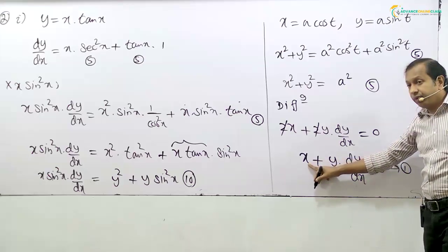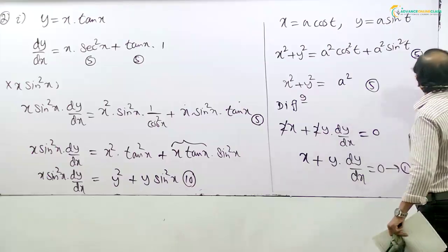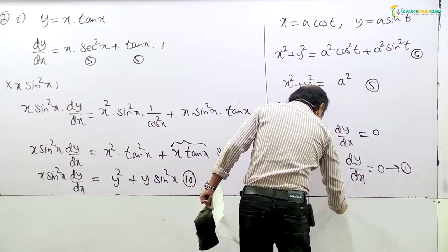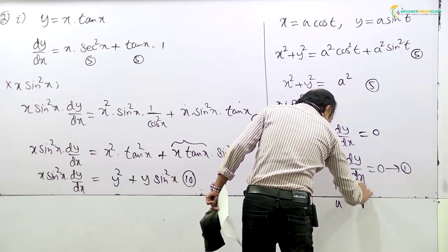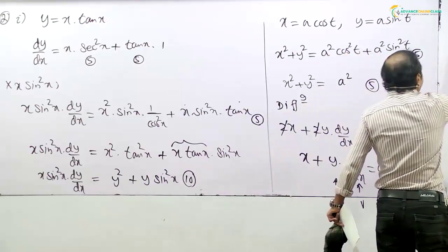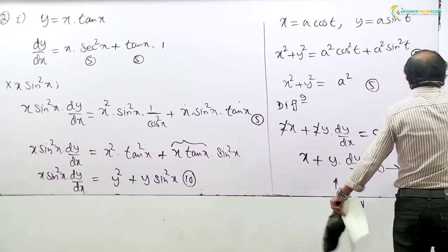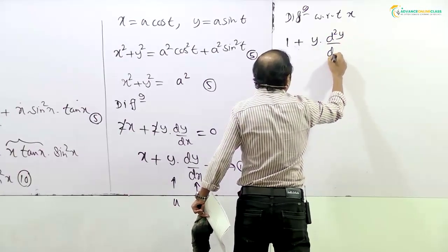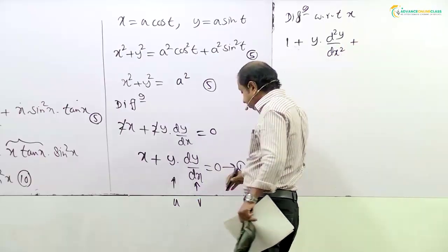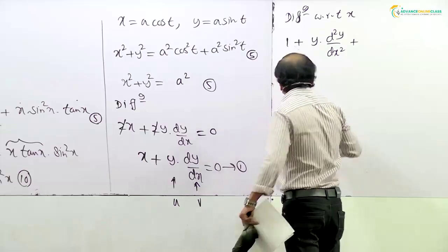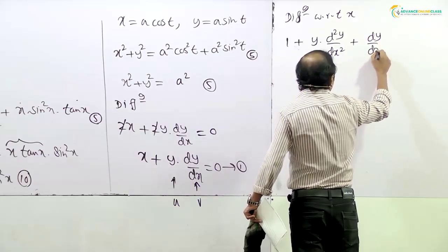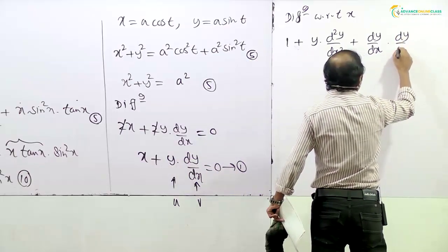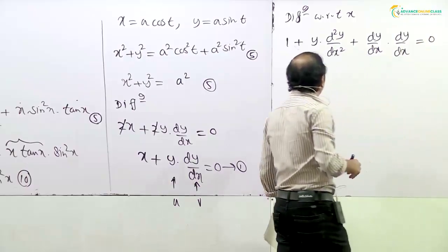The derivative here is 1. How to differentiate this? You have to take this as u, this as v, u into v. Keep u the same, y, derivative of v, the second derivative, d2y over dx2. Plus, keep this dy by dx the same and differentiate y, we get dy by dx. On the right hand side, the derivative of 0 is 0.